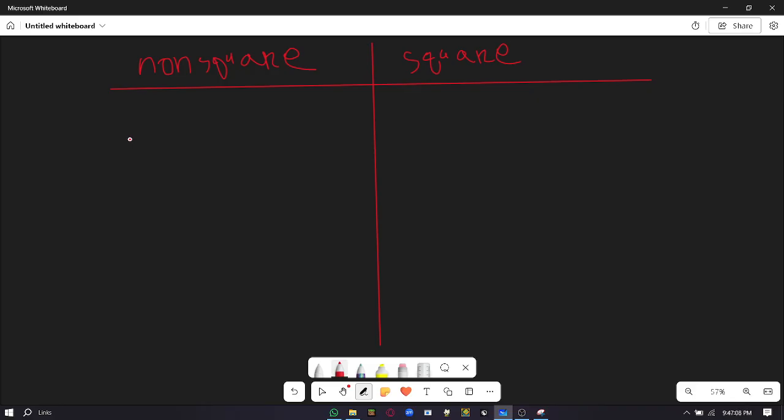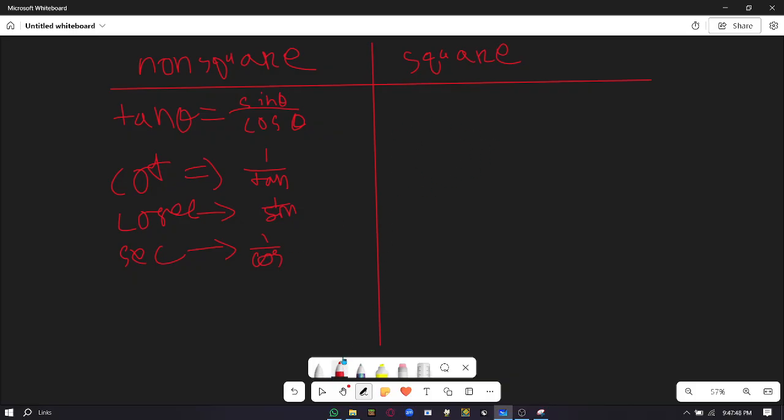Non-square identities are the basic ones, like tan theta being sine theta over cosine theta. Then the inverse ones: cotangent, cosecant, and secant. Cotangent being 1 over tan, cosecant being 1 over sine, and secant being 1 over cosine.